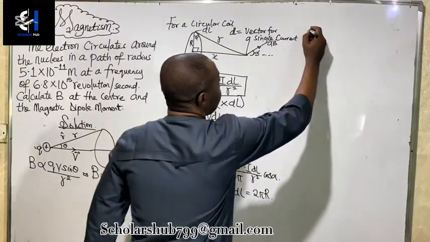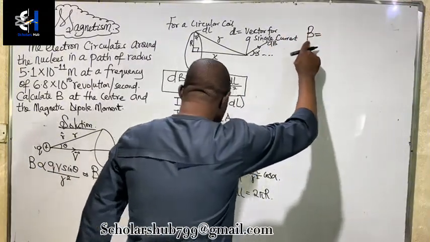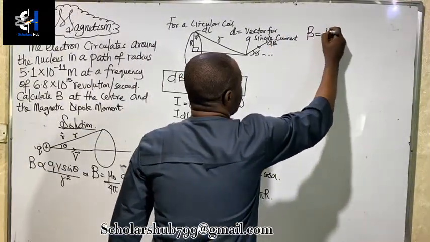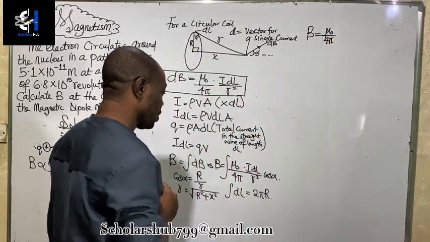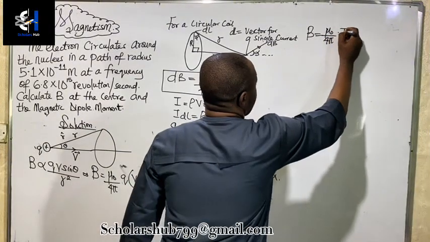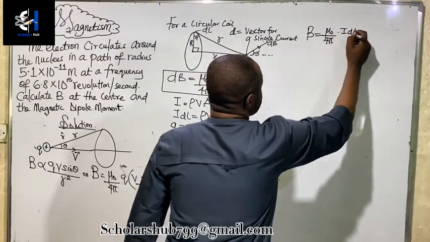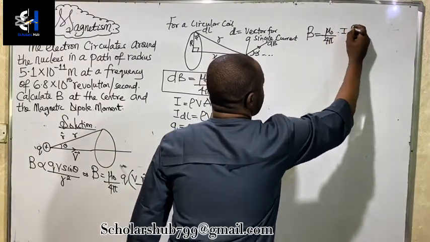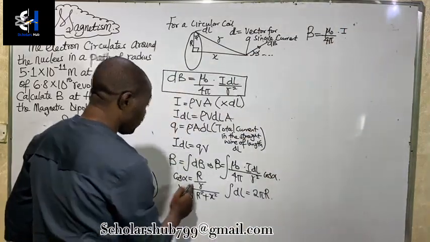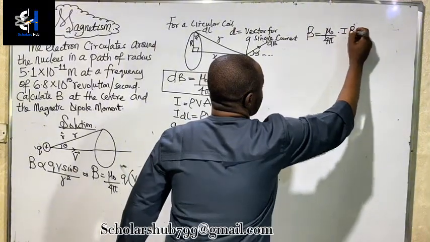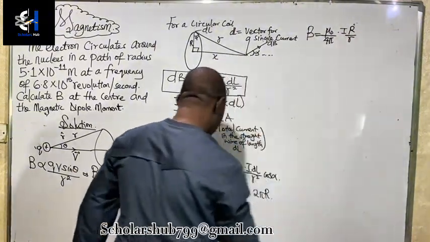All right, so we then have B equal to permeability of free space over 4 pi, multiplied by current I, then dl. Remember I said integral, let's do it this way. Now, cos alpha is the big R over the small r.